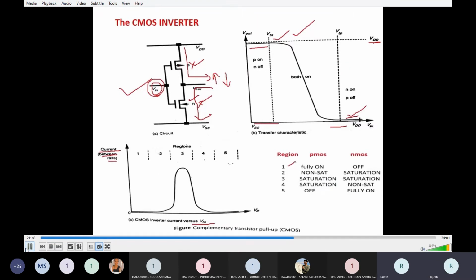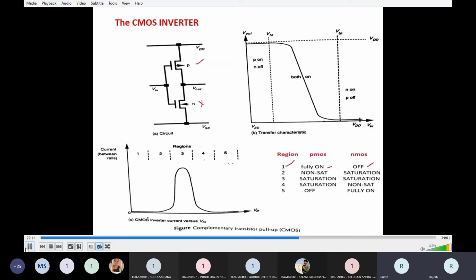In region 1, for low input, the PMOS transistor is on and the NMOS transistor is off. PMOS is fully on and NMOS is in the cutoff region.